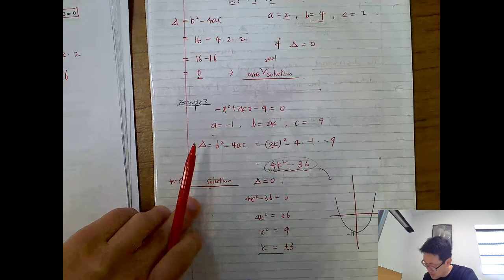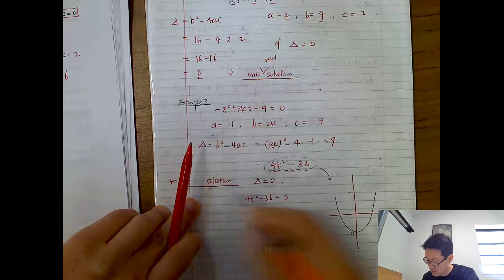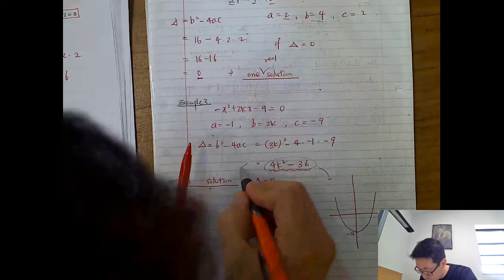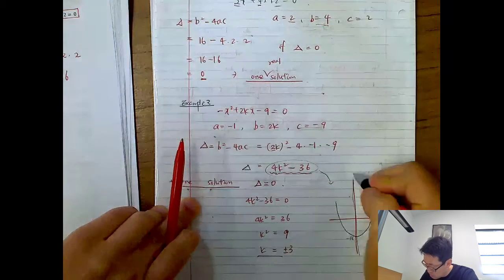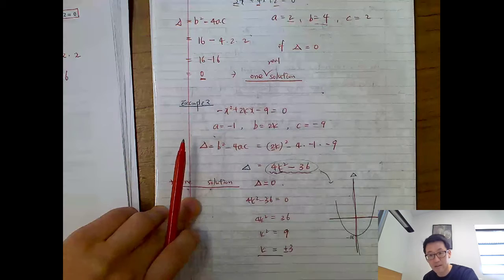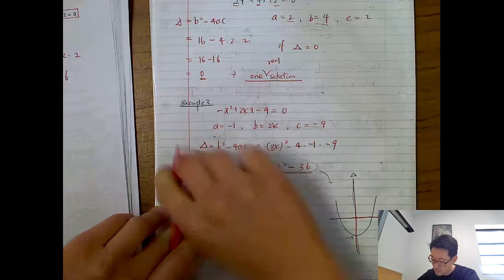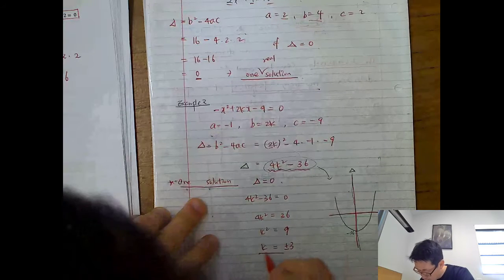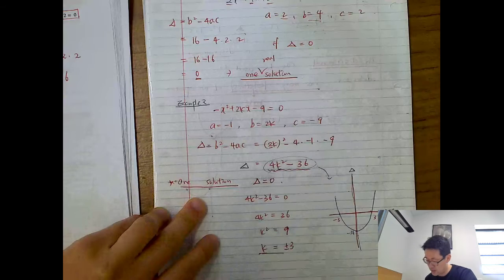So this is k, and the y value means the discriminant. That value is the discriminant, and that value is k. That makes sense? I draw that here. k equals minus 3 and 3.